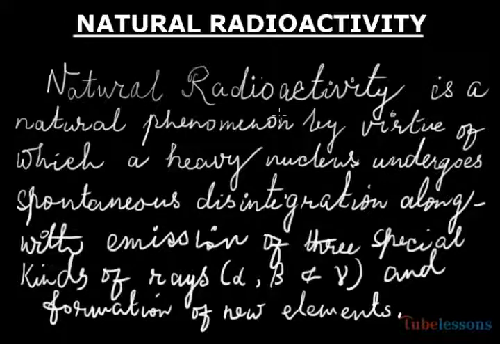Number one, spontaneous disintegration of the heavy nucleus. Number two, emission of these special kinds of rays, alpha, beta, gamma, and formation of new elements. When alpha, beta, and gamma rays are emitted from a heavy nucleus, then new elements are formed. Now, we have to know what is alpha ray, what is beta ray, and what is gamma ray.